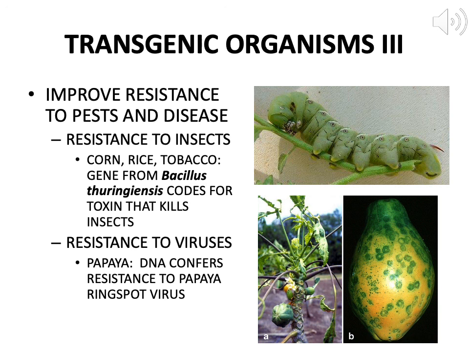So what I could do is build resistance into my tomato plants, into my corn plants, into my rice plants by using a gene from a bacterium called Bacillus thuringiensis. Now I know that sounds kind of obscure, but the gene in Bacillus thuringiensis codes for a toxin that gives that insect a fatal tummy ache.